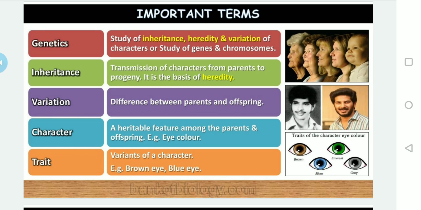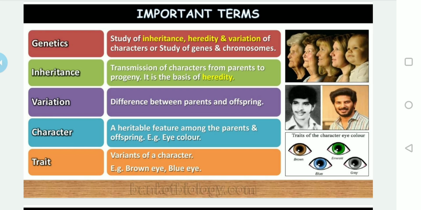That is the reason behind the lot of changes when compared to their parents. And remember, these variations are the raw materials required for evolution.